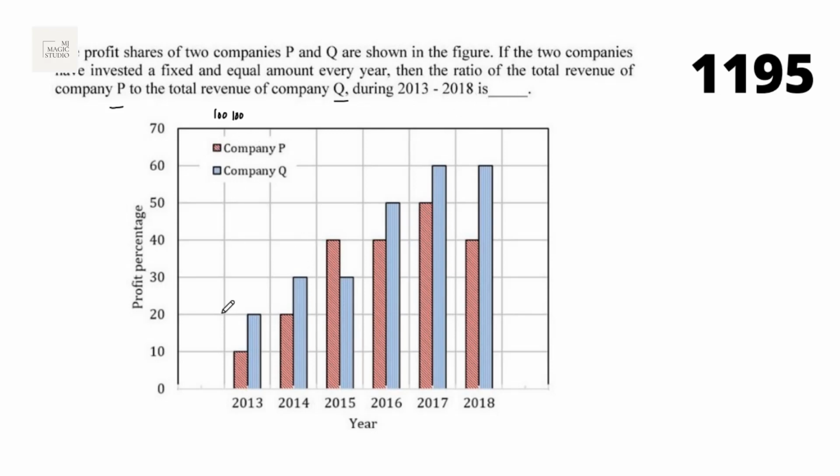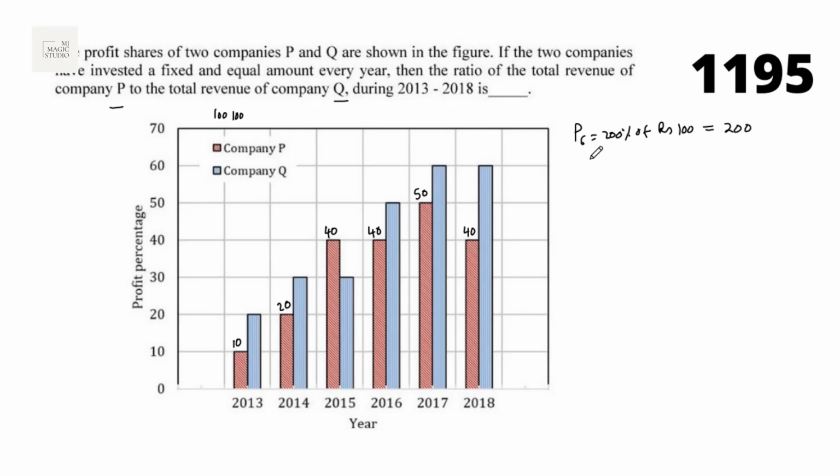So if we talk about P first, the percentage profit is 10, 20, 30 and 40, 70 plus 40, 110 plus 50, 160 and plus 40, 200. So profit over the period of 6 years is 200% of rupees 100. 200% of rupees 100 is 200.